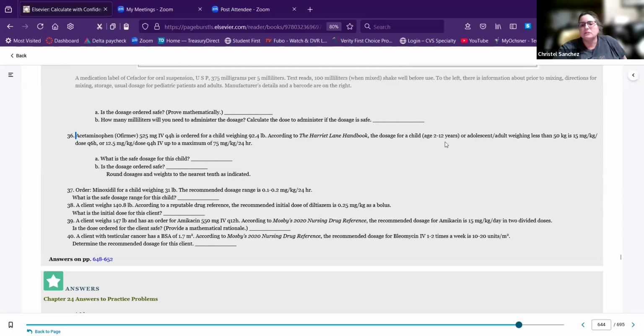The dosage for a child ages 2 to 12 or adolescents weighing less than 50 kilograms is 15 milligrams per kilogram per dose every 6 hours, or 12.5 milligrams per kilogram per dose Q4 hours, up to a maximum of 75 milligrams a day. This one's asking us, what is the safe dose range for this child?